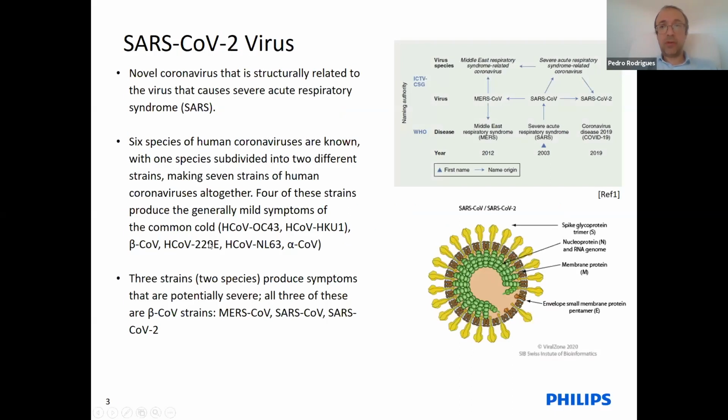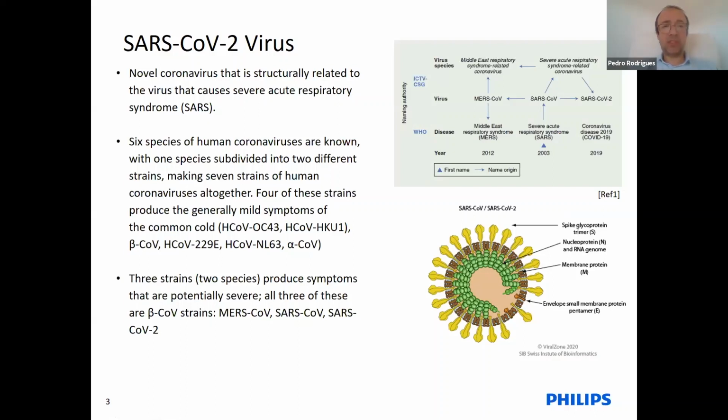So this new virus that the world is facing today is structurally very related and close to the original SARS that started in 2003. In total, there are typically 6 different species of coronavirus known in humans.